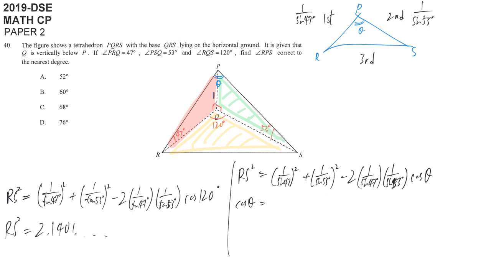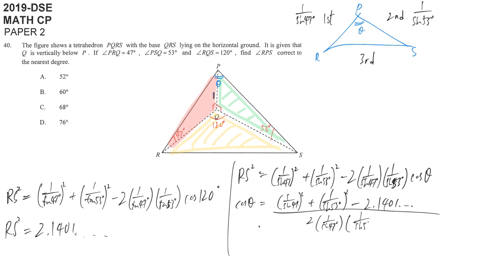Cosine theta is equal to this item. So cosine theta is 0.3788666, something like that. So theta is equal to 67.7 degrees. So we choose C as the answer.